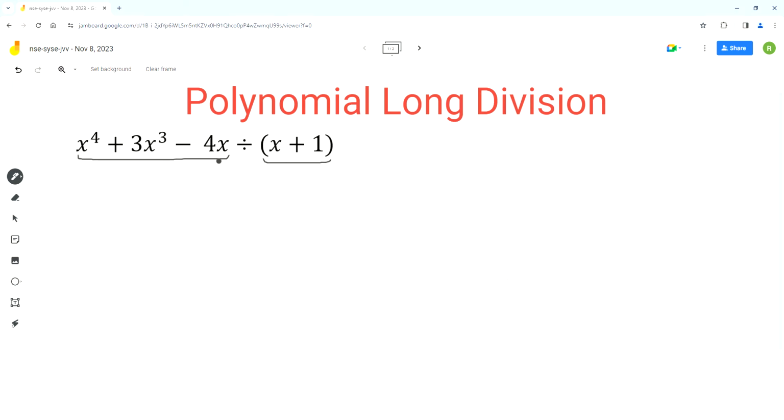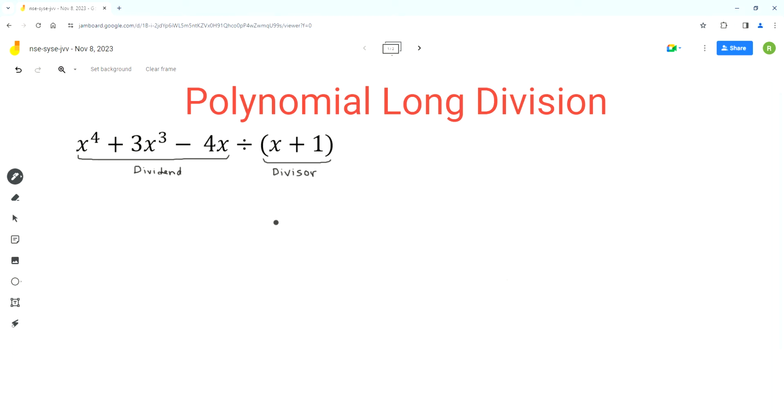The expression that is being divided is called the dividend, and the expression with which we are dividing the other polynomial is called the divisor. These are two important names you have to understand and memorize.